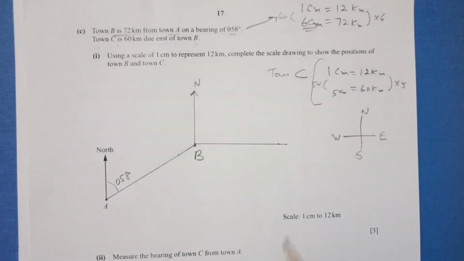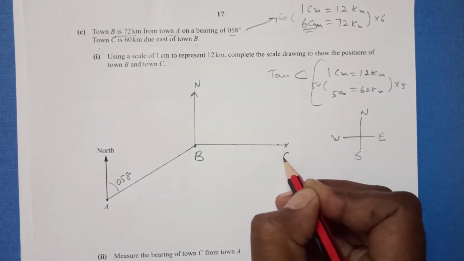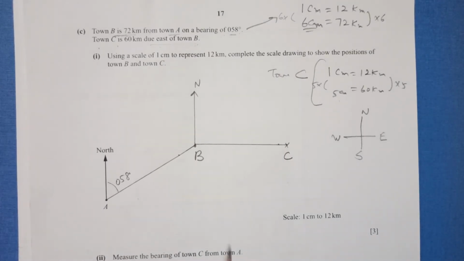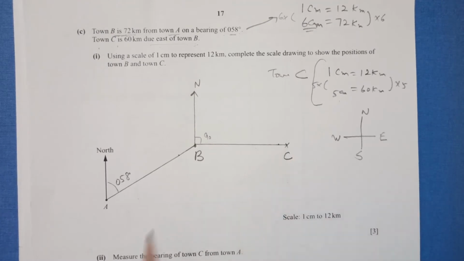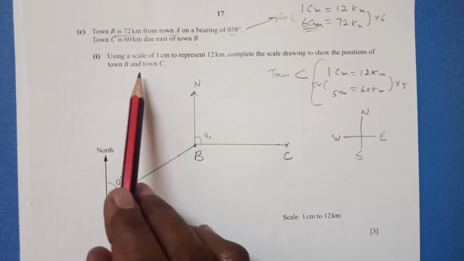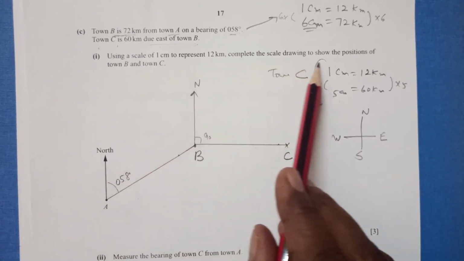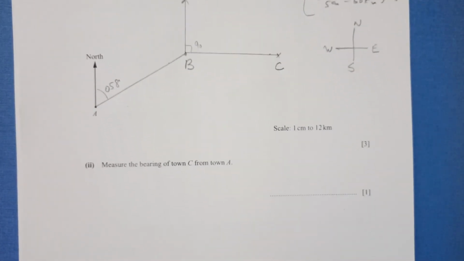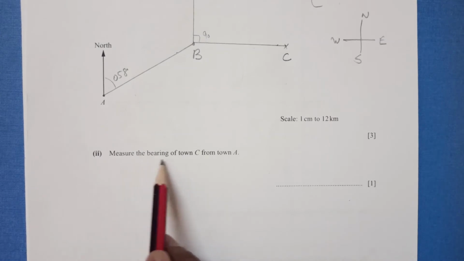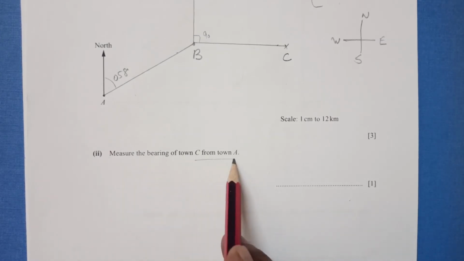So this is town C, right? So now we have this at 90 due east. Now what we will have here, using the scale, complete the position of town B and C. So it is done.